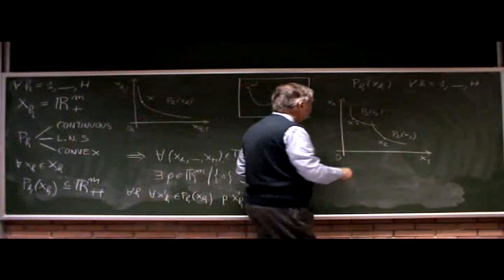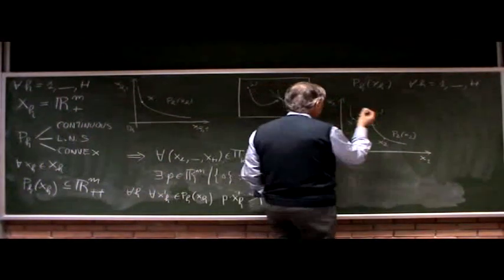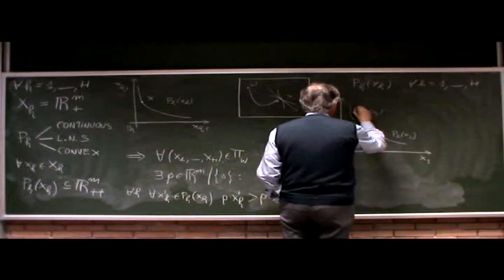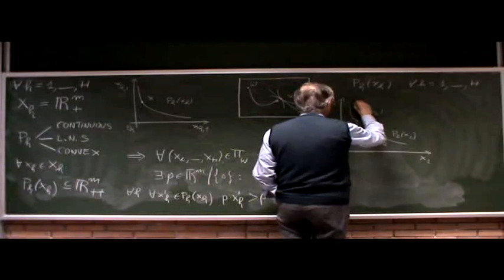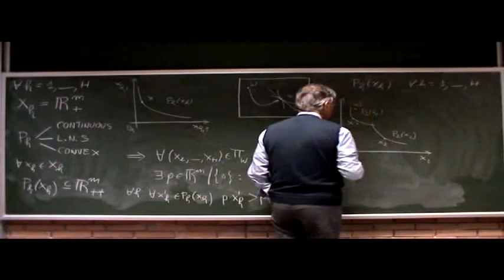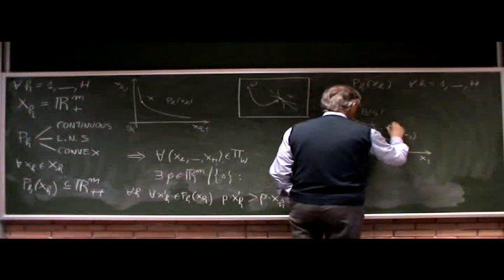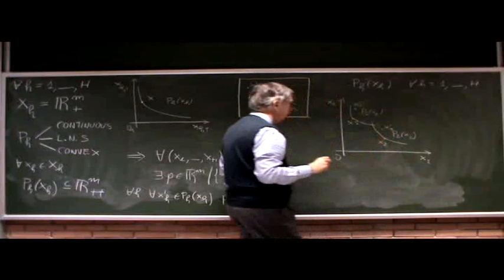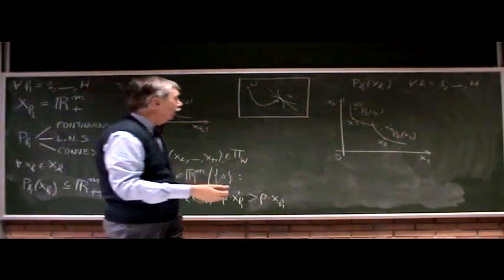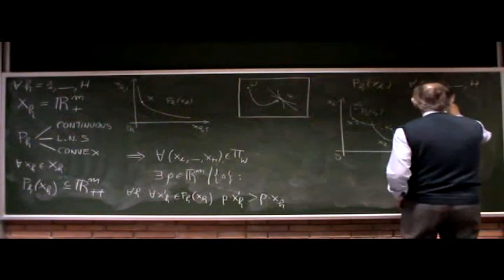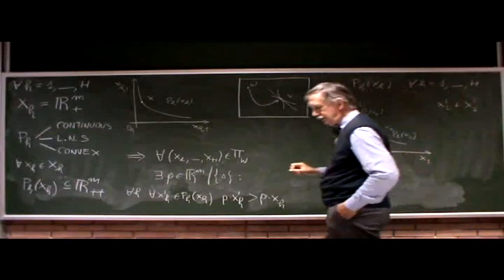Now, compute the sum of these two sets. What is the meaning of this concept? See, it is simple. Take any point which is preferred to x1, say x prime 1, and any point which is preferred to x2, say x prime 2. Then sum them. You remember, the sum of two vectors is nothing but x prime 1 plus x prime 2.